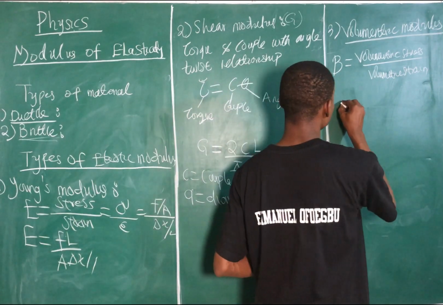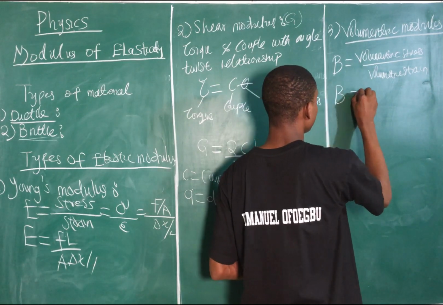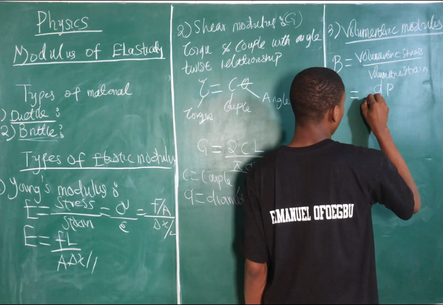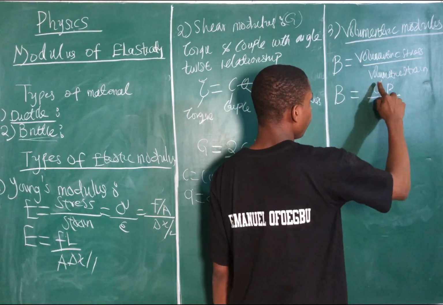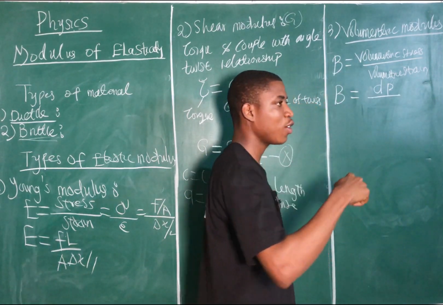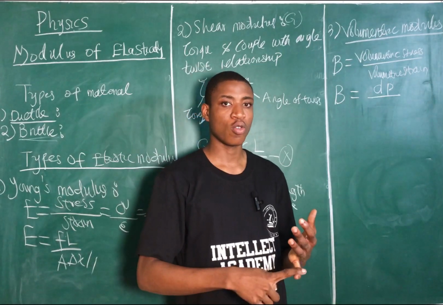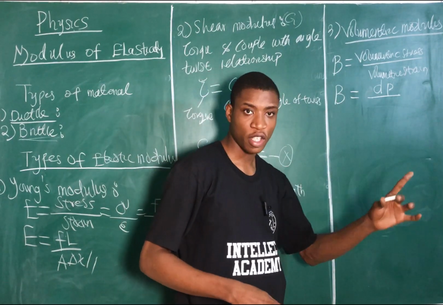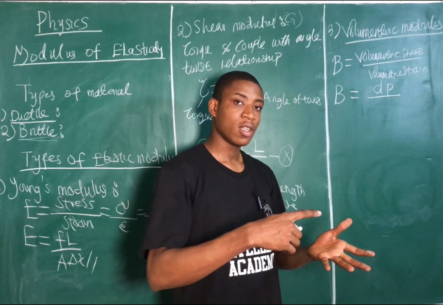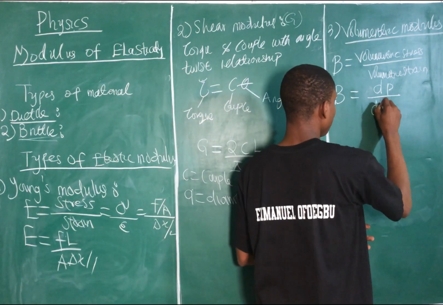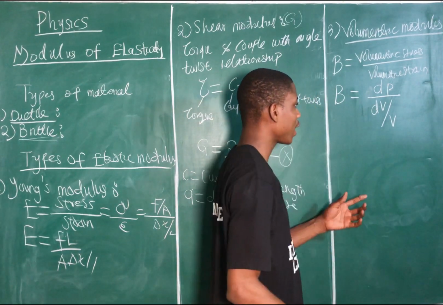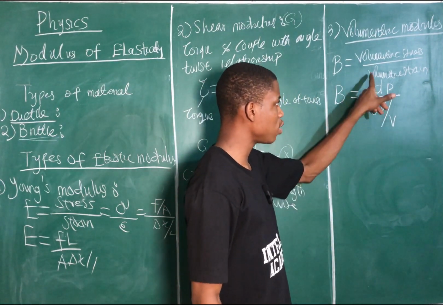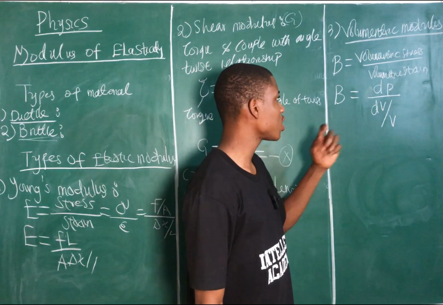Therefore, we denote the volumetric stress as P over volumetric strain. We know strain is extension over original length, but in the case of volumetric strain, it will be given by dV over V, which is the change in volume over the original volume.